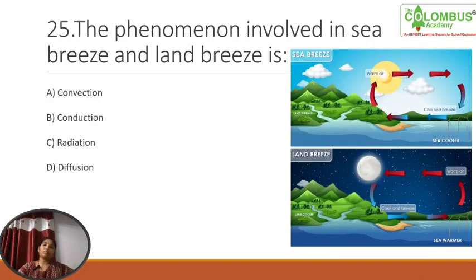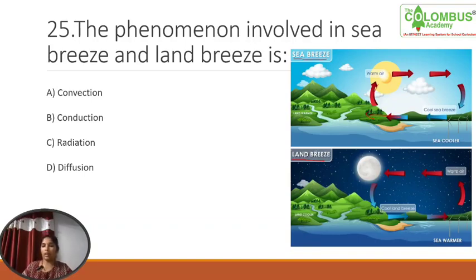The phenomenon involved in sea breeze and land breeze: so this is sea breeze and this is land breeze. The sea breeze happens in daytime and the land breeze happens in nighttime. In daytime, the warm air over the land will rise up and the cold air from the sea will flow into the land.